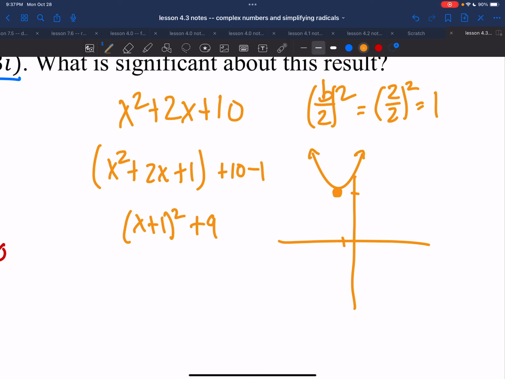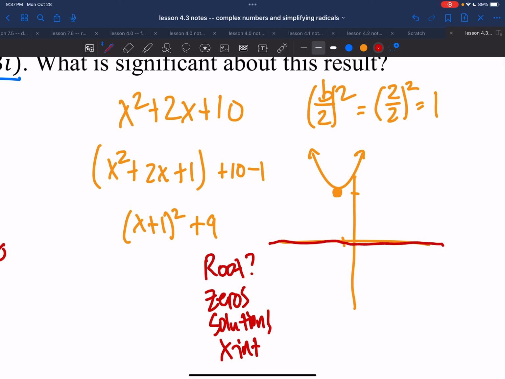Now I want you to think about this. What was a root again? The synonyms you've learned in Algebra 1 and also in 4.1 are roots, zeros, solutions, and graphically you call them x-intercepts. But notice, does this parabola touch the x-axis? No, it doesn't. So you would say it has no real roots.